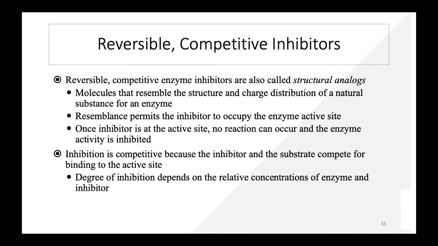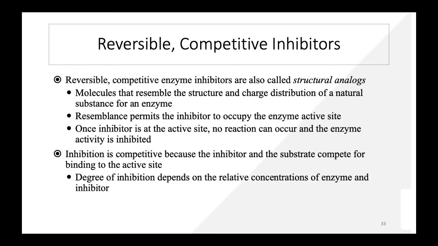Now, reversible competitive inhibitors. Reversible competitive enzyme inhibitors are also called structural analogs, molecules that resemble the structure and charge distribution of a natural substrate for the enzyme, and this resemblance permits the inhibitors to occupy the enzyme site.